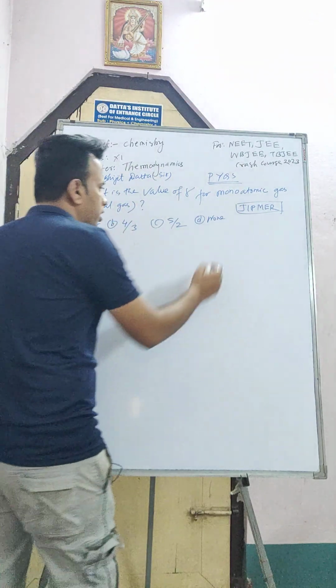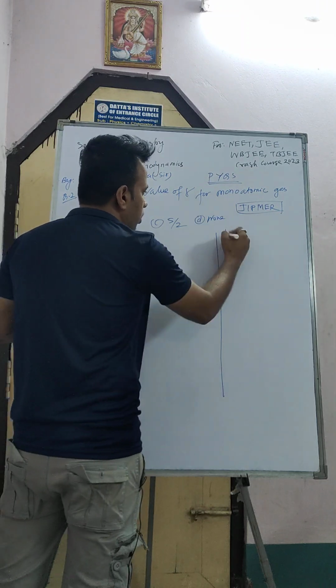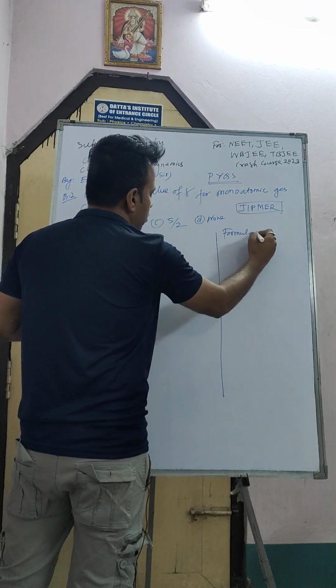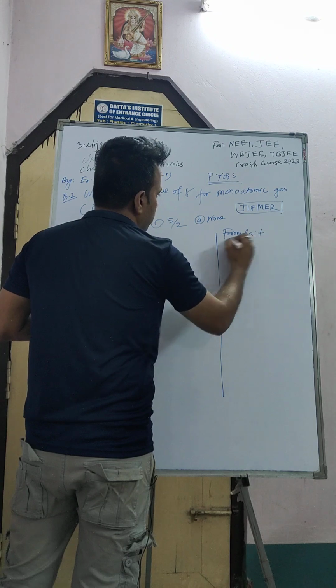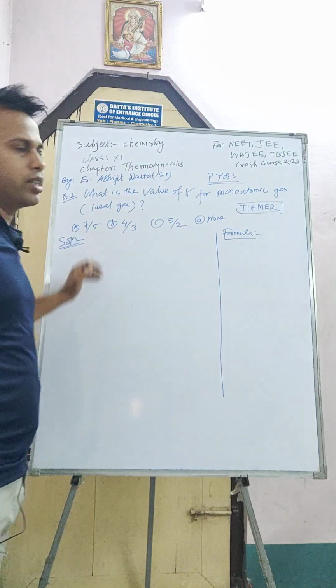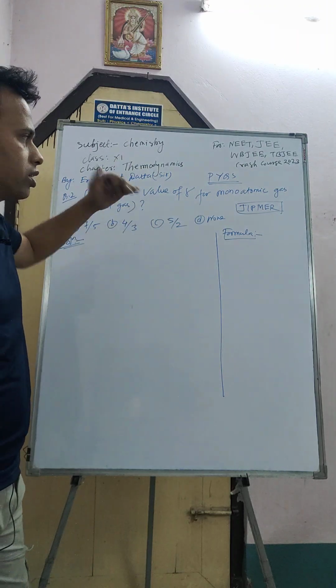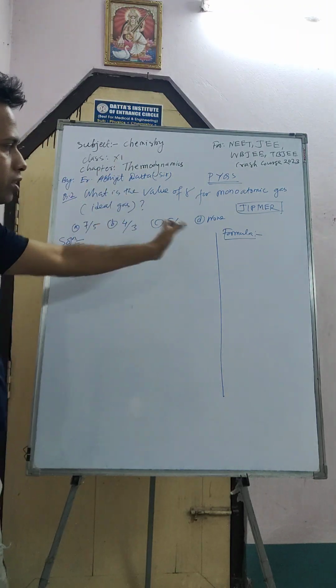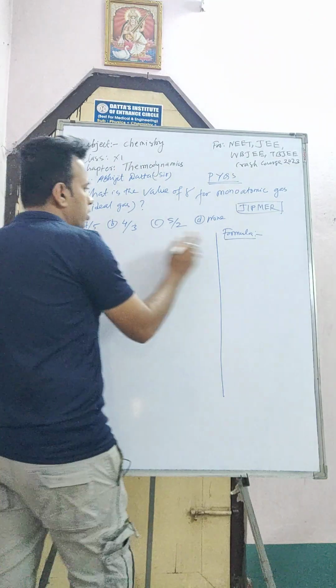I explained the formulas here. I will explain every formula related to every question. The formulas used in every question I will explain on the right side. So what is gamma, sir?